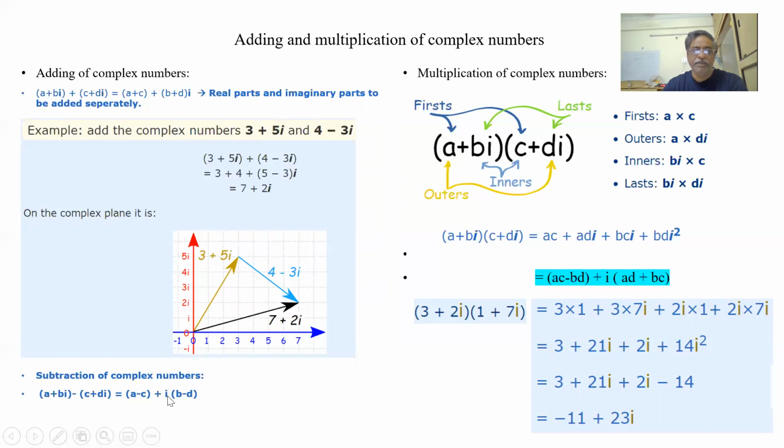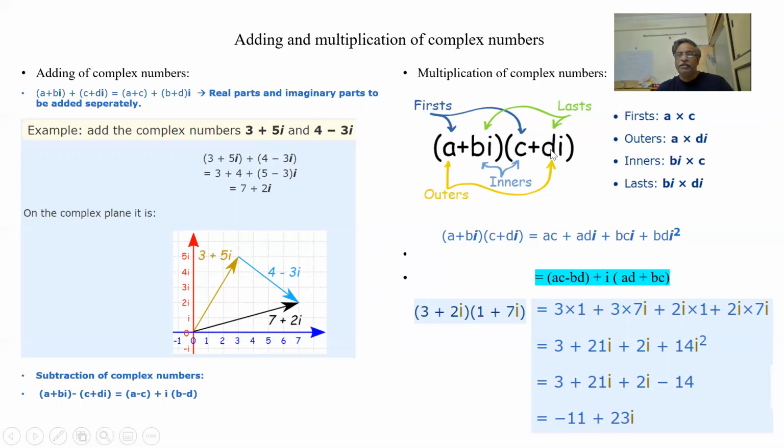This is part of the imaginary axis or y-axis or i-axis. Okay. Now how to do multiplication? Normal, a plus bi into c plus di. How do we multiply? ac plus adi, bic plus bd i square.